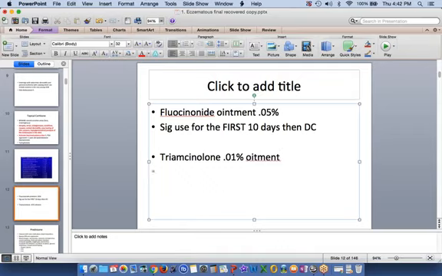And then I'll SIG it as use for second 10 days, then DC. I promise you, if you're very specific in your instructions, and then you tell the patients, there are not going to be any issues.